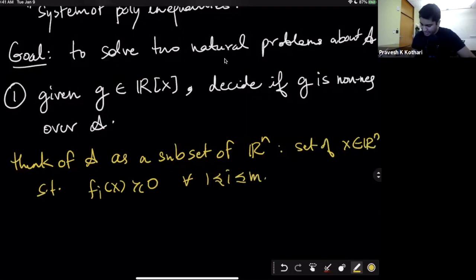And then you can ask, over all these x's where each of the fi's is non-negative, is g non-negative?